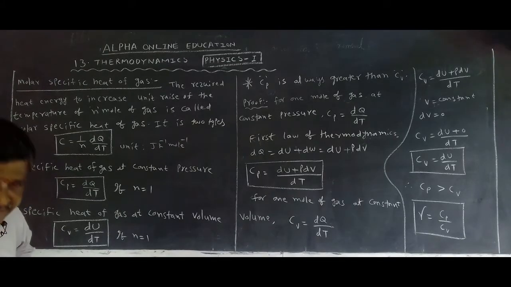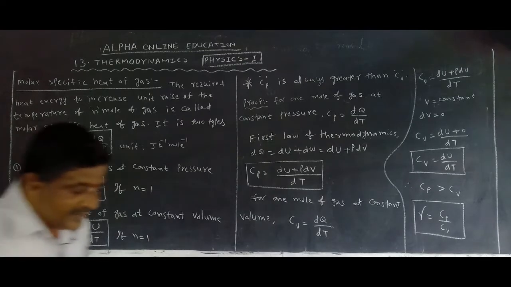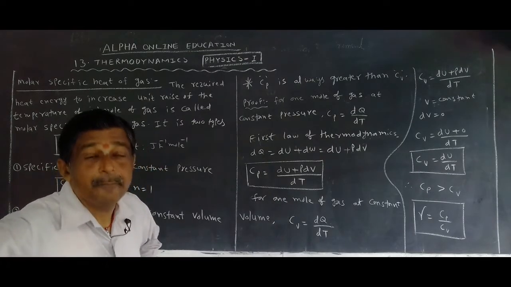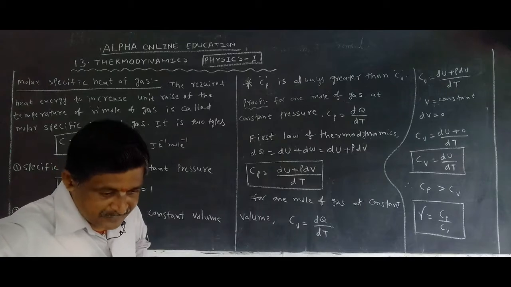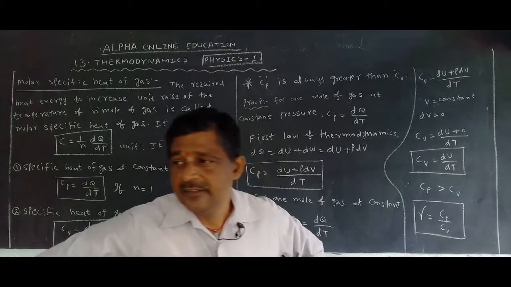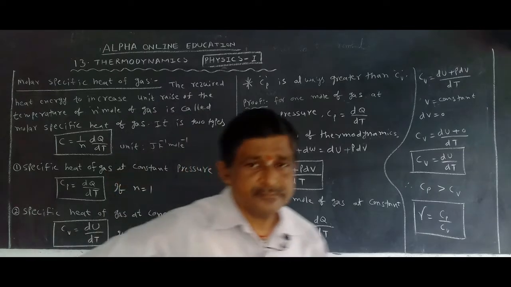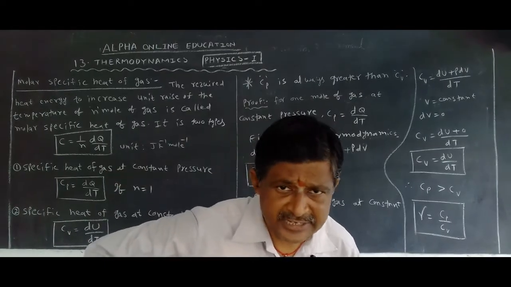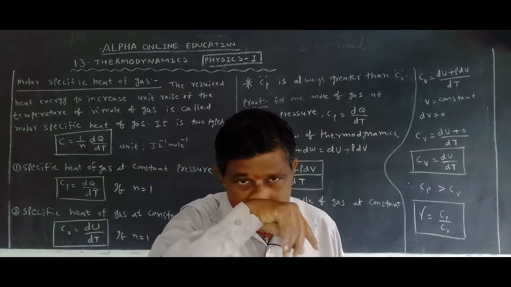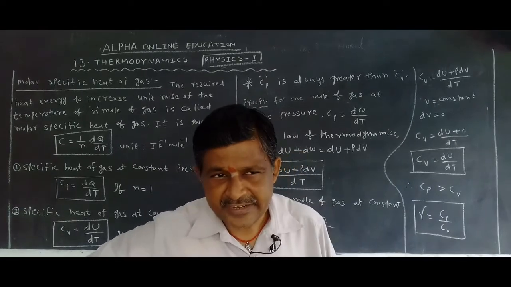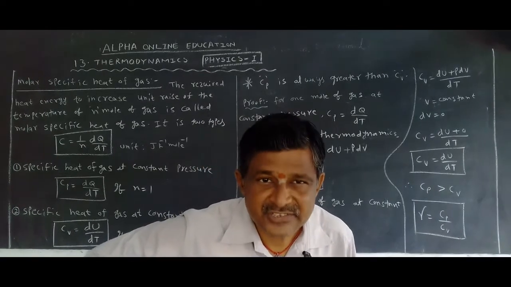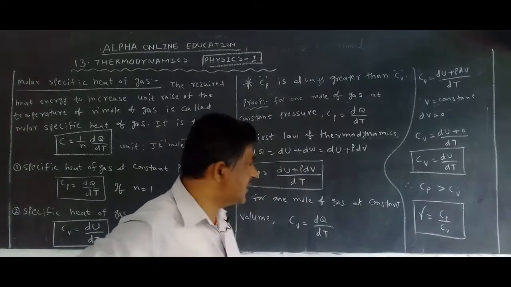In specific heat at constant pressure, we consider change in internal energy as well as mechanical work. But in specific heat at constant volume, we consider only the change in internal energy.